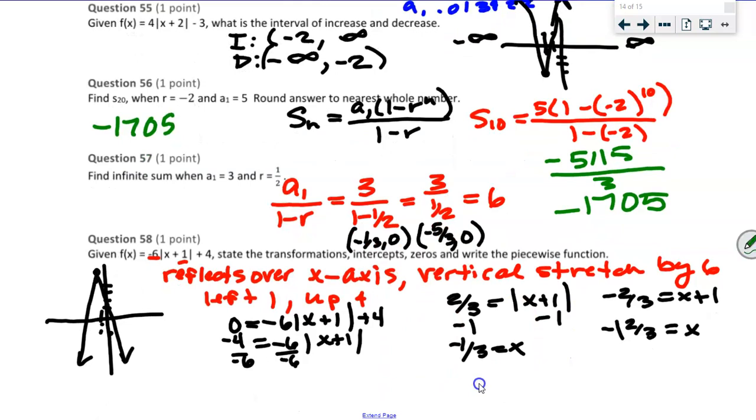So for the y-intercept, we're going to put 0 in for x, okay? So we're going to say y equals... whoops, sorry, let me put the -6 there. This one's going to be -6 times the absolute value of 0 plus 1, plus 4, okay? So that's going to be -6 times 1, because the absolute value of 1 is 1.